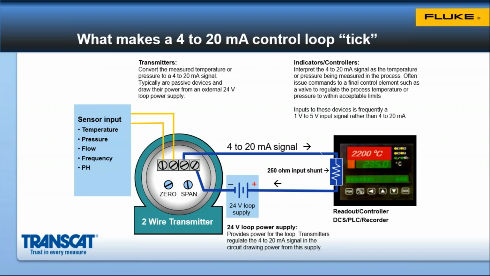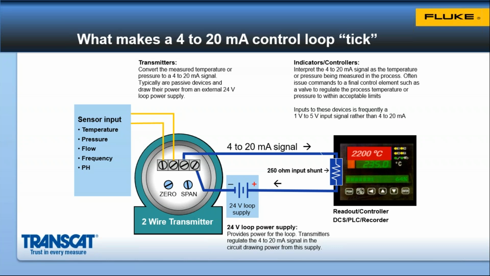So if we take a look at what makes a loop tick, we've got a variety of devices in the loop. A loop is a fairly consistent element in process control. There's typically always going to be a 24 volt loop power supply, a transmitter, of course the signal wires to make the connection, and the input to a control system that's going to interpret the milliamp signal.